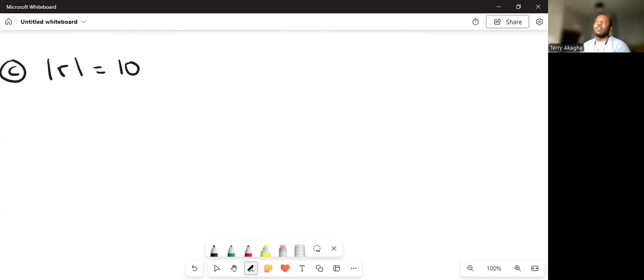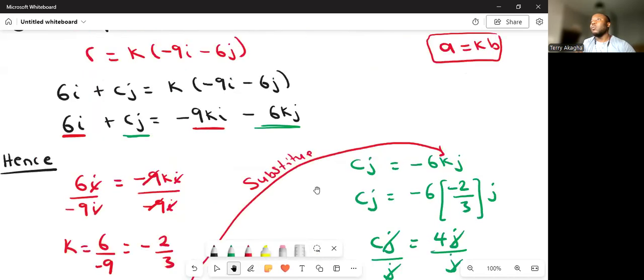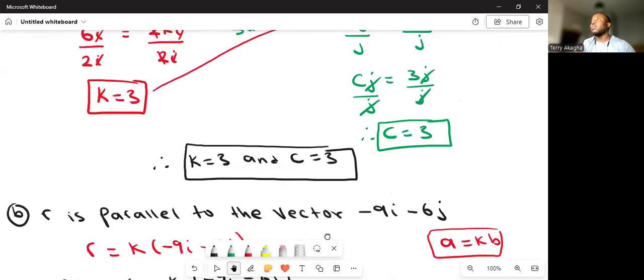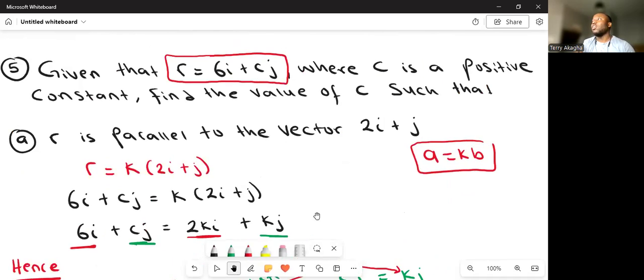So if the magnitude of R is equal to 10, we should find the value of c. All right, so let's go back. We need to remember R. In this question, R was 6i plus cj.